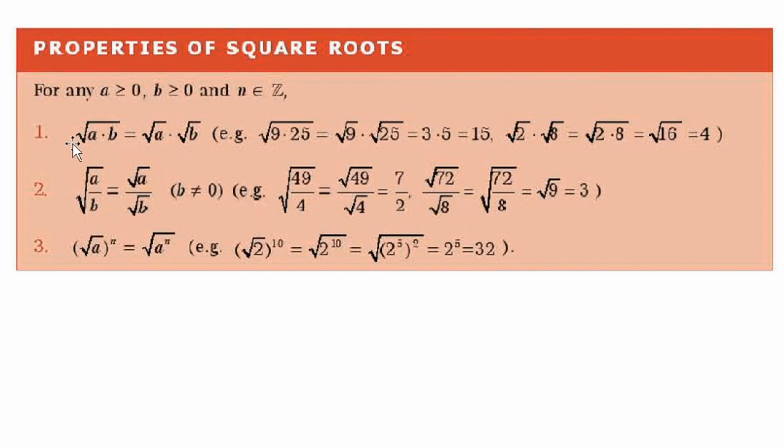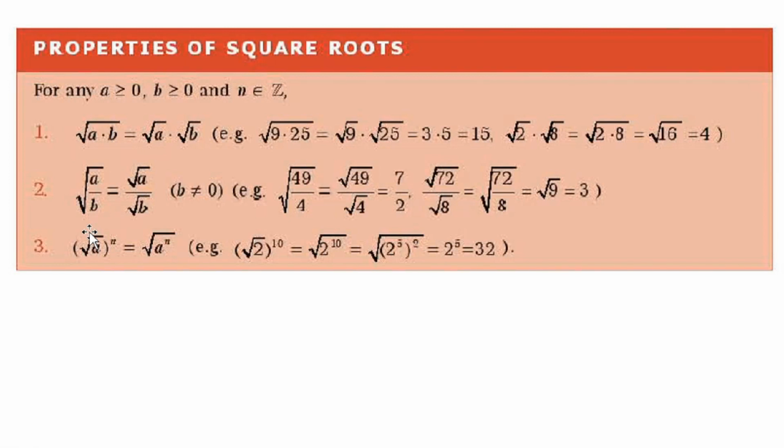Another example for property number 1, we have the square root of 2 times the square root of 8. This is the expanded form, and rewriting that into a single form, that is now the square root of 2 times 8. Multiply the radicands, square root of 16. But the square root of 16 is equal to 4.